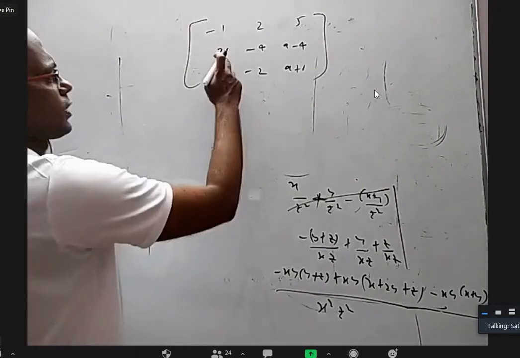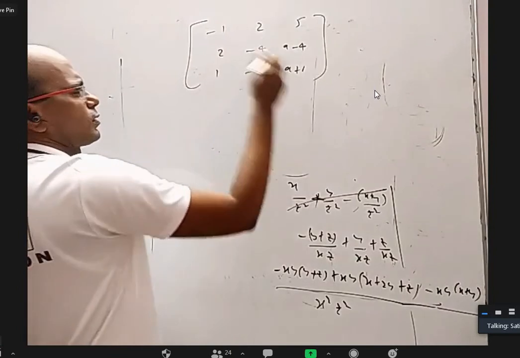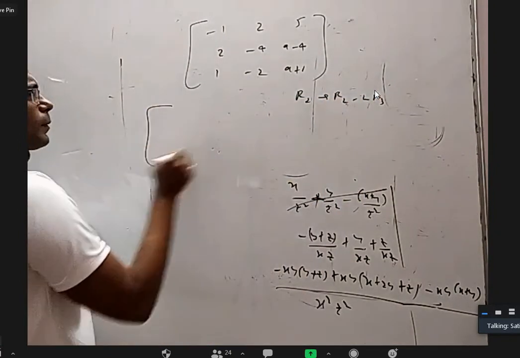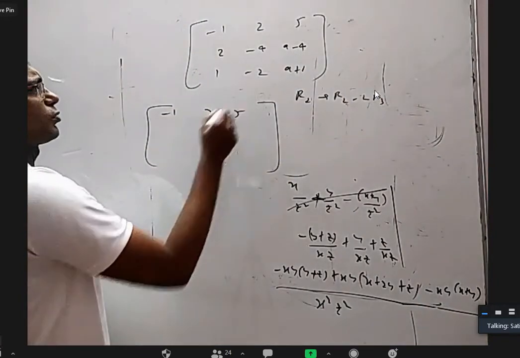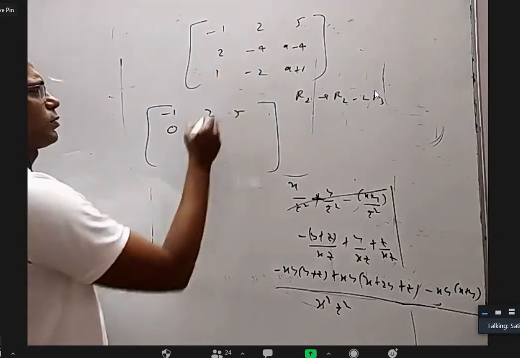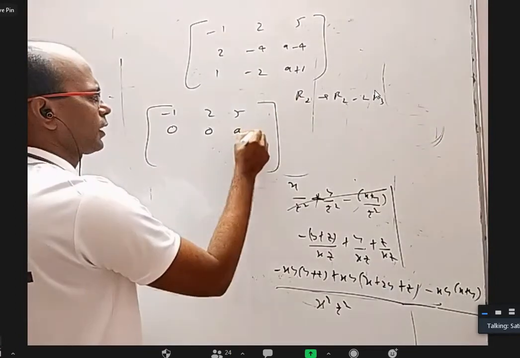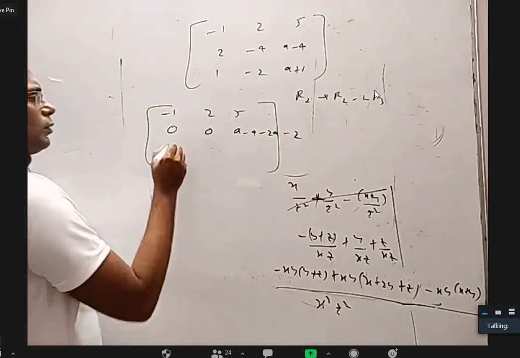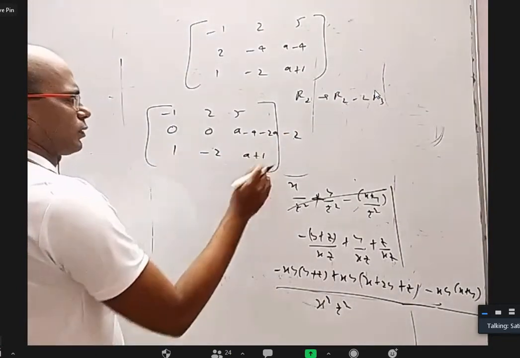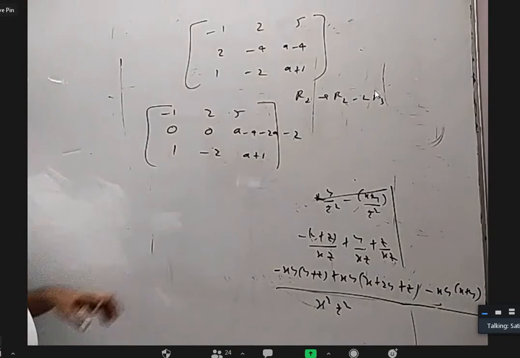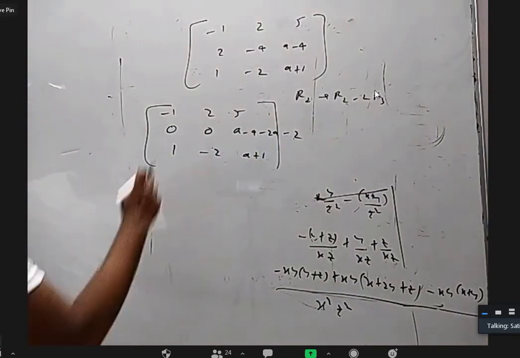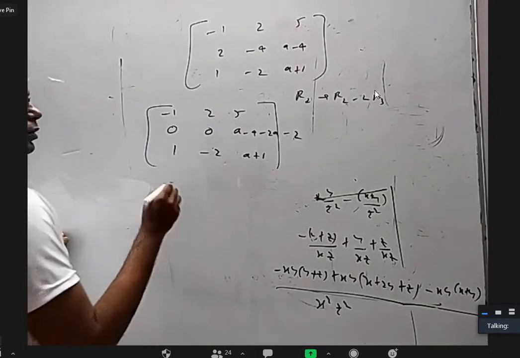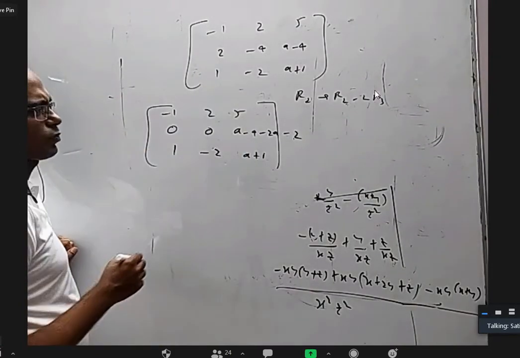I want to convert these two into 0. I can even convert these two, but I'll do R2 as R2 minus 2 times R3. You will get -1, 2, 5. Multiply 2 and subtract. This will become 0. This will become 0. This will become a minus 4 minus 2a minus 2. This is as it is, 1 minus 2, a plus 1. Actually this itself is sufficient, but if somebody wants, you can get one more number as 0 here. I can even interchange these two. Anyway, if I expand this determinant, what happens?